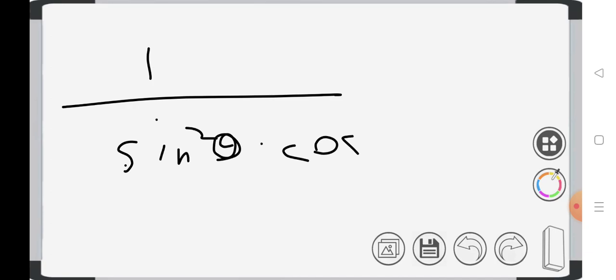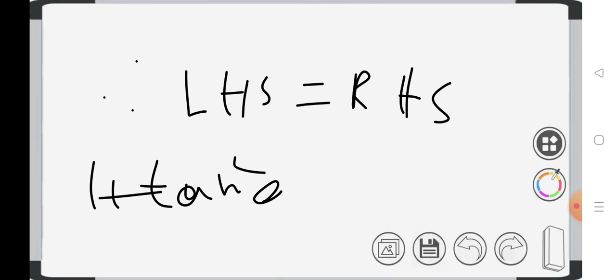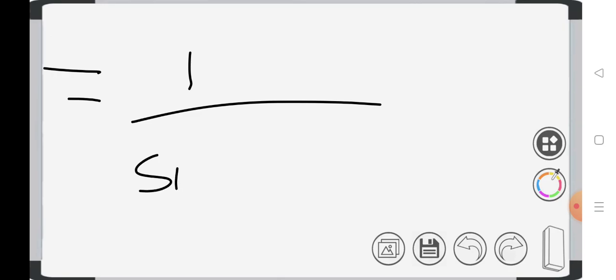So in LHS side also we got this one only, therefore LHS is equal to RHS, that means 1 plus tan square theta plus 1 plus 1 by cot square theta is equal to 1 by sin square theta minus sin power 4 theta.